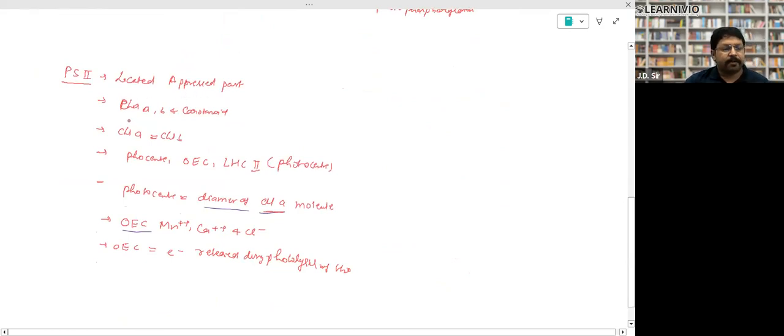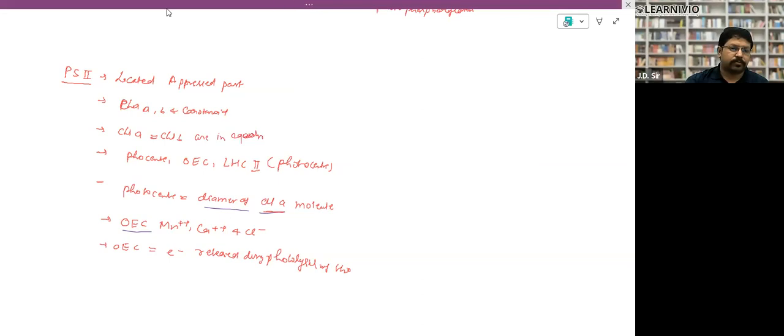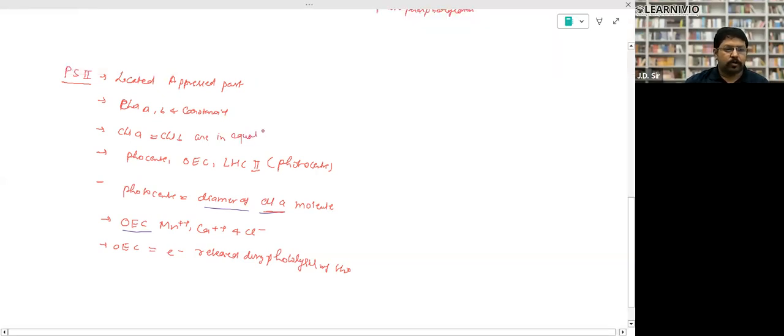We have discussed that. It contains chlorophyll A, B, and carotenoid molecules. Chlorophyll A and chlorophyll B are found in equal amounts. The photocenter has the oxygen evolving complex, LHC2, and that makes the reaction center.